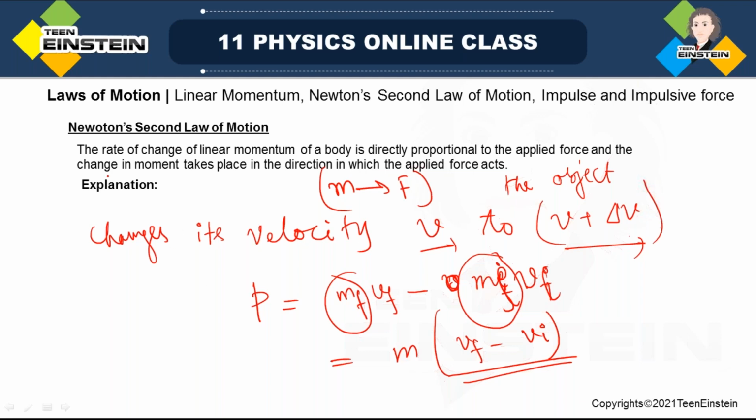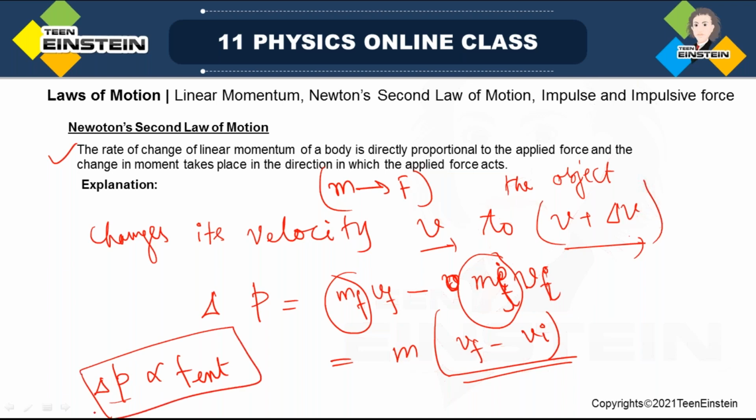Now according to this law, the change in the linear momentum is directly proportional to F external, the external force.